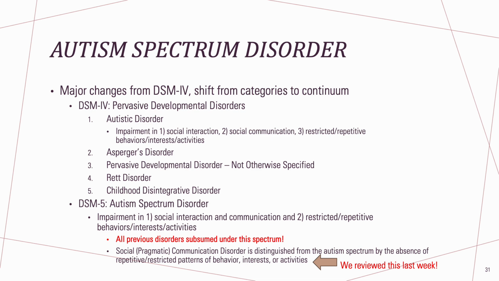And so here is that reminder again that they are 2 distinct separate disorders, and what really sets apart social pragmatic disorder from autism is the idea that with autism, there's also this presence of repetitive or restricted patterns of behavior, interests, or activities. So we now have this very clear distinction that we need to make between the social pragmatic communication disorder versus this broader autism spectrum label.